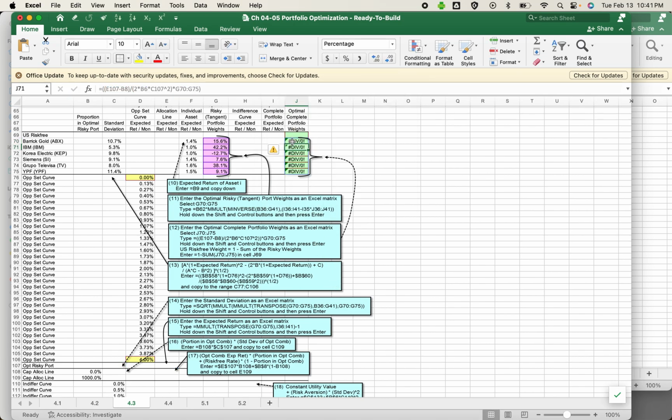Let's see, error message, but I believe this error message is because of the fact that there's zeros. We have division by 0, and once we fill out, it should work. E107 minus B8 divided by 2 times B6 times C107 squared. Looks good. Okay.